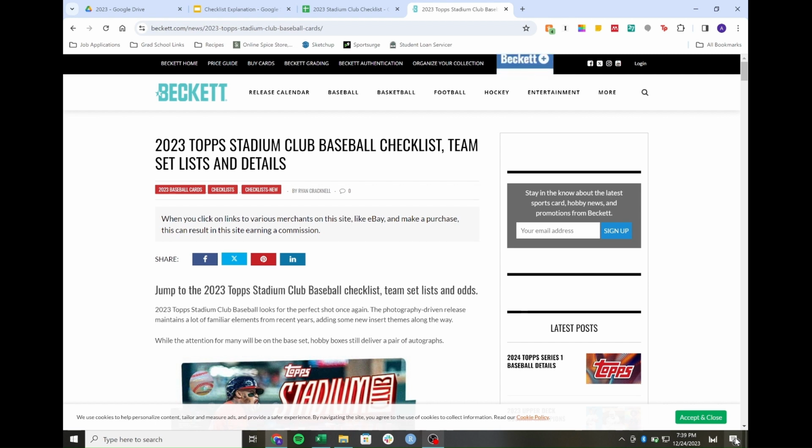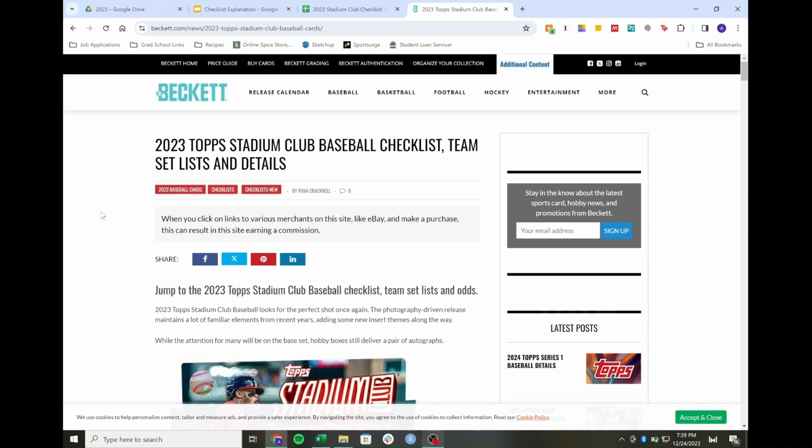The break that we are setting the price for today is a 4 hobby box break of 2023 Topps Stadium Club Baseball. The total cost of this break is $456. So the way that we start with any team break is you need to look up the checklist.